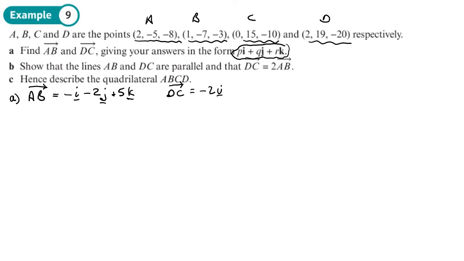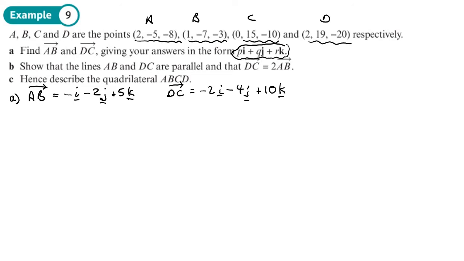The J part is going from 19 to 15, so that goes down by 4, so minus 4J. And the K part goes from negative 20 to negative 10, so it's going up by 10. So there we go.